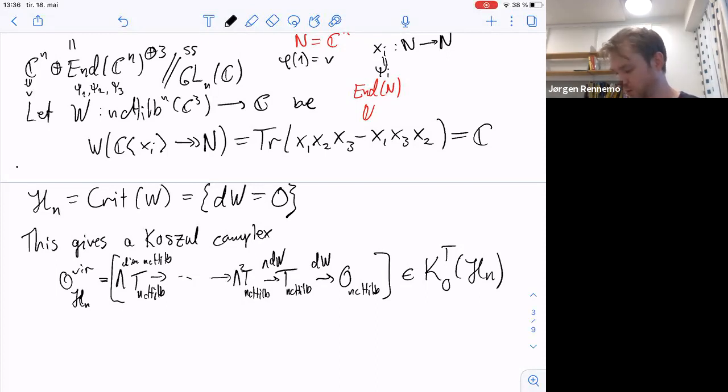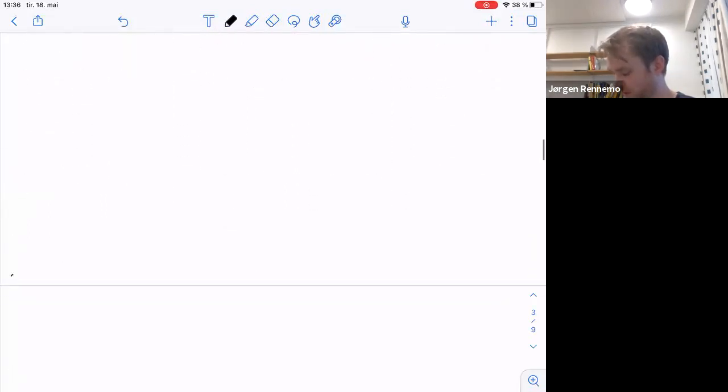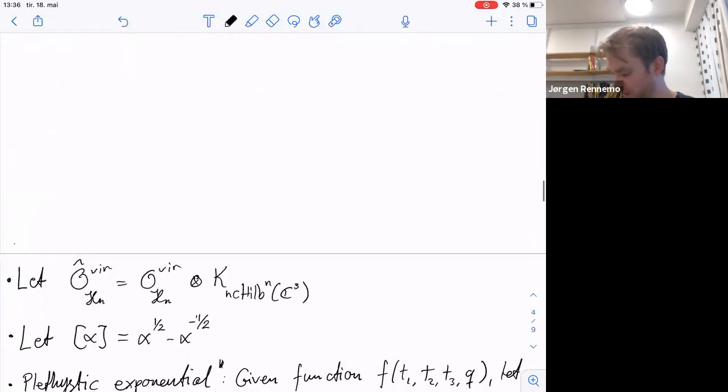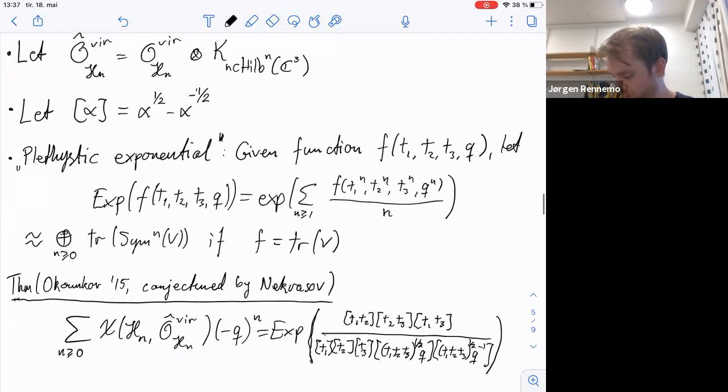So the problem is now, how do you compute this? You have the localization formula, and you have the geometric description of it as an object defined by a Koszul complex. I'm going to say what you compute this to be equal to, just briefly.